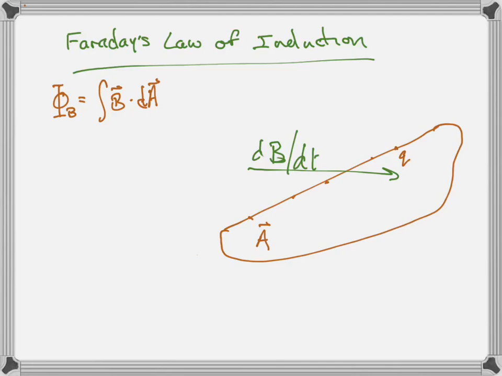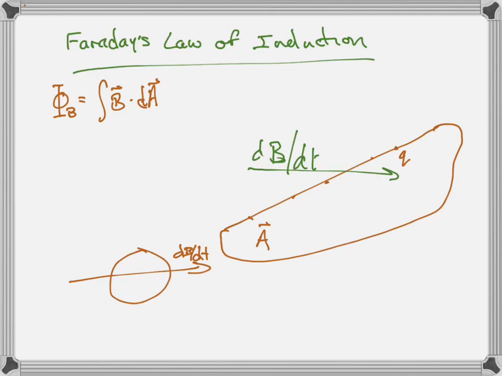Also, Faraday recognized that if the magnetic field was parallel to the area of the loop, in other words, if the loop is in the plane of the page and the magnetic field is in the plane of the page, and there's no magnetic field going through the loop, then while that magnetic field, if it was changing, would exert forces on the charges, it would not exert forces on the charges in the right direction to induce a current.